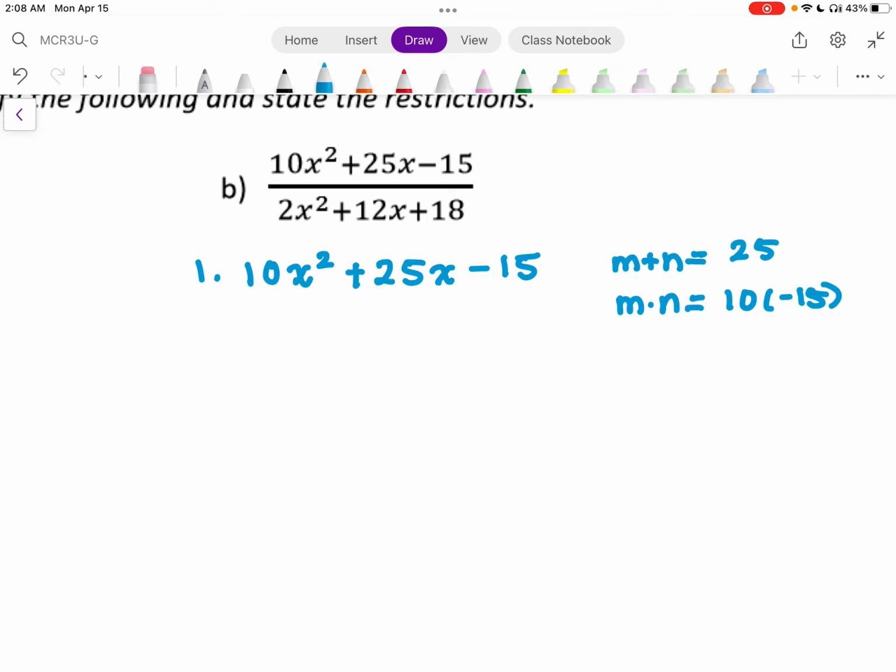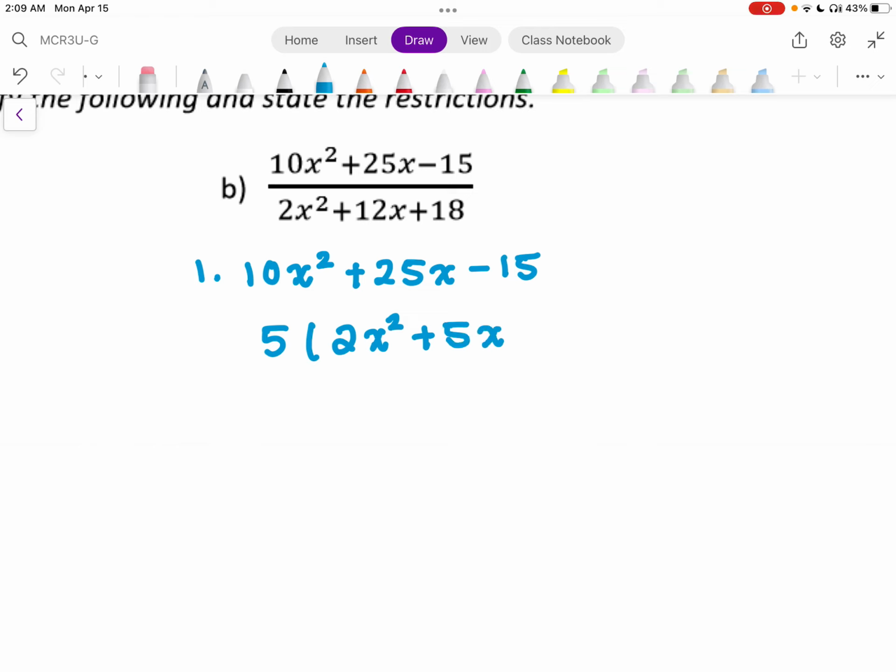If you look at these numbers, these numbers are huge, I can actually just factor. I can factor a 5 from here because all my numbers are divisible by 5. So I'm left with 5 times 2x squared plus 5x minus 3.